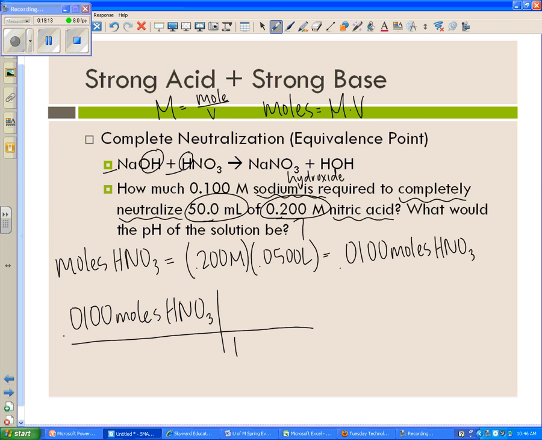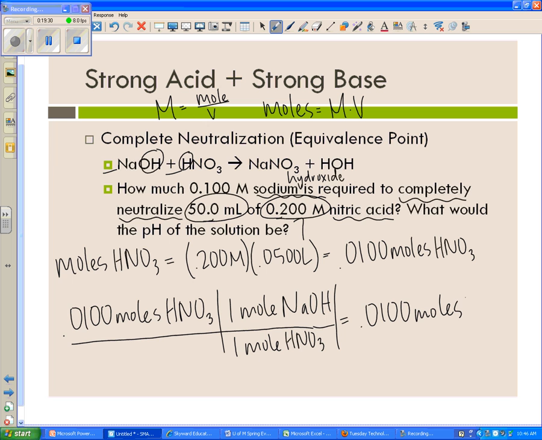You can say that for every 1 mole of HNO3, there is 1 mole of NaOH. So 0.0100 moles of NaOH is needed to neutralize 0.0100 moles of HNO3. Again, because it's a 1-to-1 ratio here.